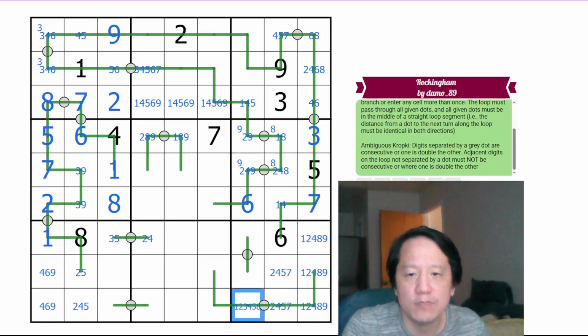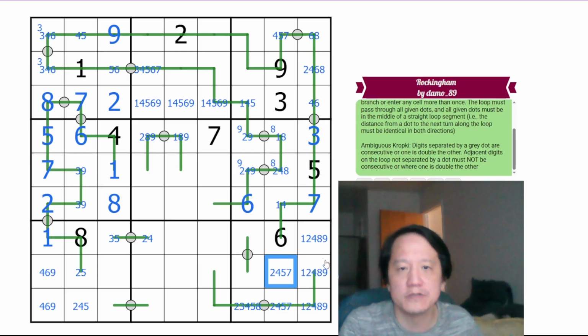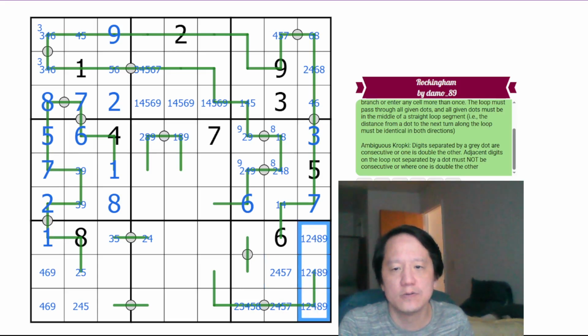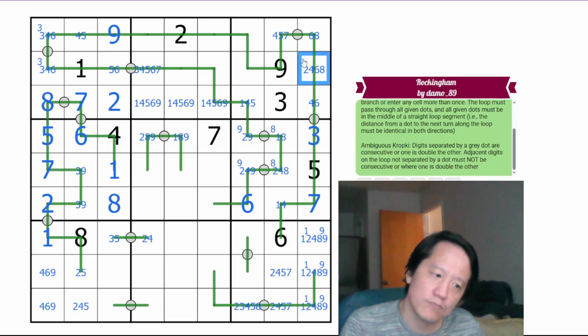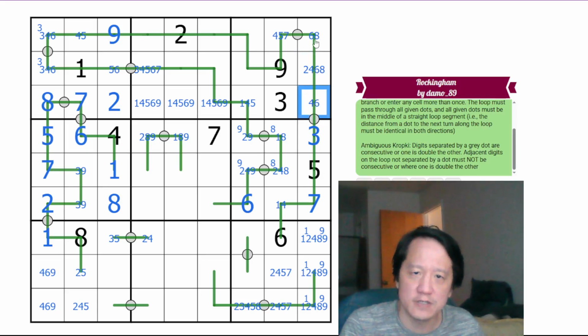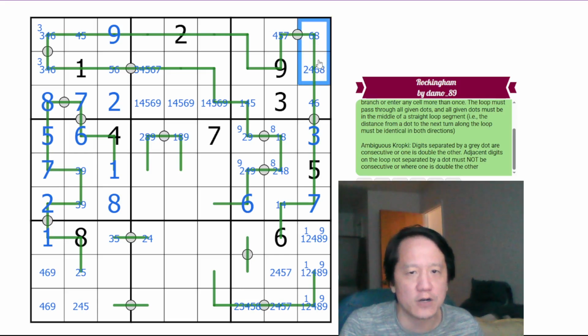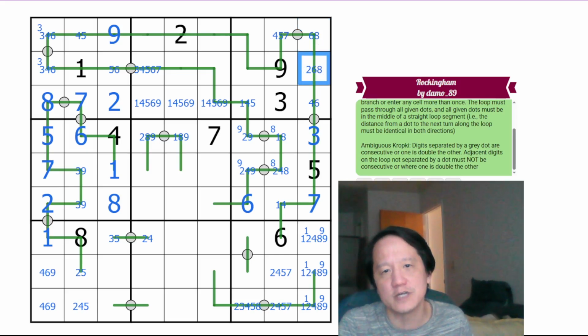This can't be 1 because we are guaranteed a 1 or 9 here. This can't be 4. If this is 4, that makes this 6, which makes that 8, and 4 and 8 are in a 1 to 2 ratio without a dot between them. 8 cannot be here either.